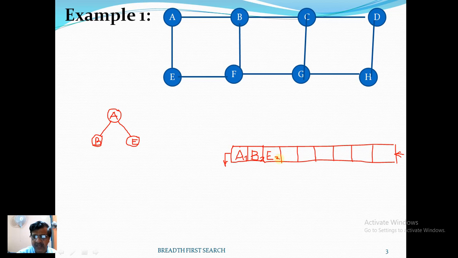Now from A, all the directly connected vertices are exhausted. Therefore A will be dequeued.